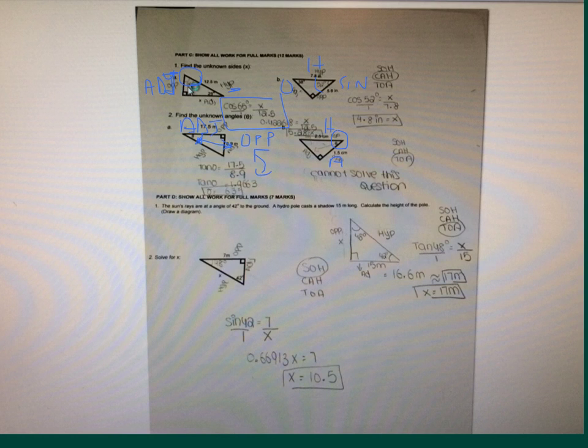So for question 1 in part D, your diagram is excellent, and you have set this one up correctly. If the angle down here is 42, then this is the opposite. This is the adjacent, and that gives you tan. That gives you tan of 42, not tan of 48, equal to x over 15.